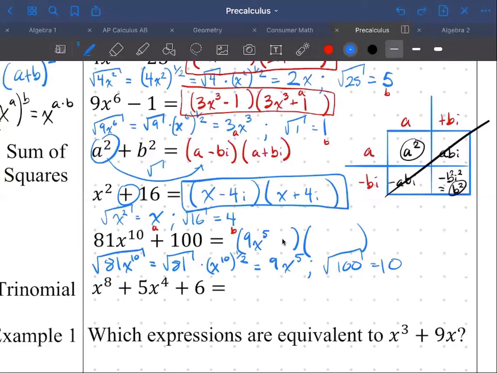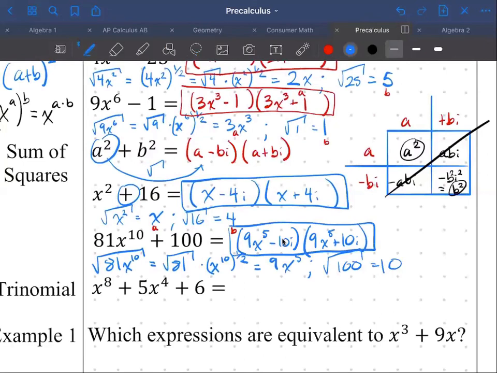And then I copy down the formula minus what? Minus bi. Well, what is b? And b is 10. 10, so 10i. And then what's the other conjugate for this? The same as that, but plus 10i. 9x to the power of 5 plus 10i. And then we have it solved. Go ahead and box it. Thank you, Leo. All right, everyone has participated.